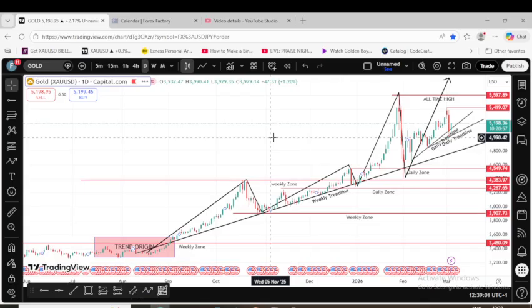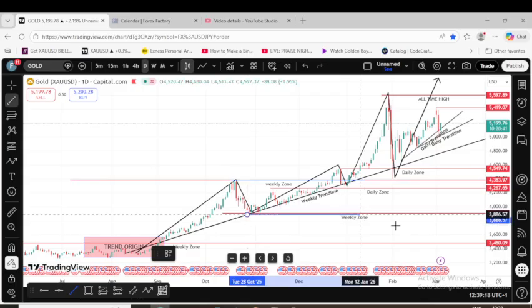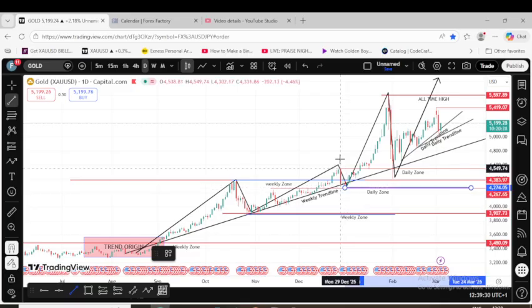So let's just use blue lines for everything this time. So this is a blue line. So these are my swing lows. Hold on. You can see that these zones are actually aligning with my daily zones.